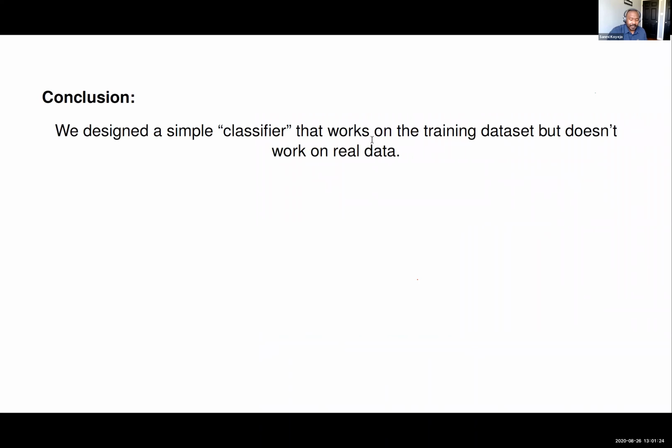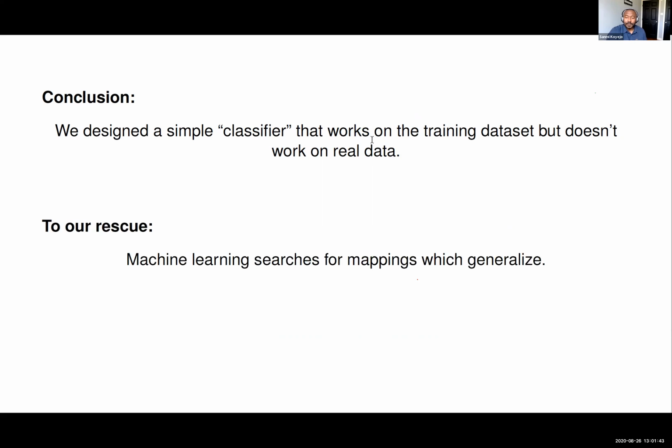The conclusion, at least from this part of the discussion, is as follows. We've designed a simple classifier that works on our training data set, but doesn't work on real data because it depended on a pattern that is not prevalent in real data. So our goal in designing machine learning algorithms will be to find mappings which generalize.